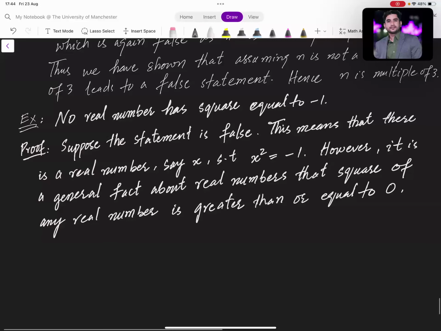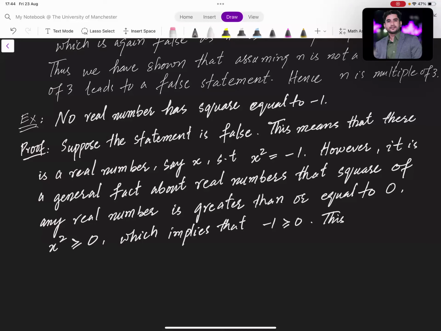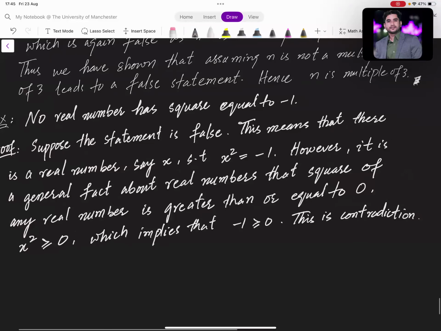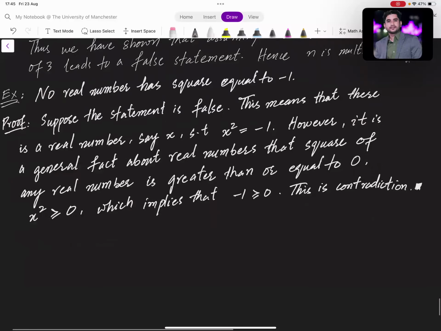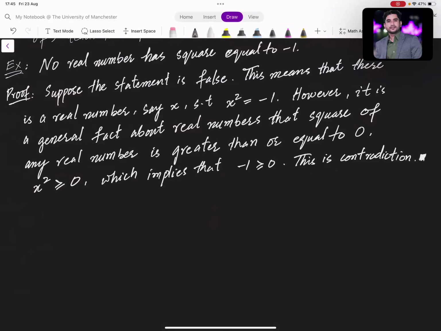So x square is greater than or equal to 0, which implies that minus 1 is greater than or equal to 0, and this is a contradiction. Hence, this statement is true.